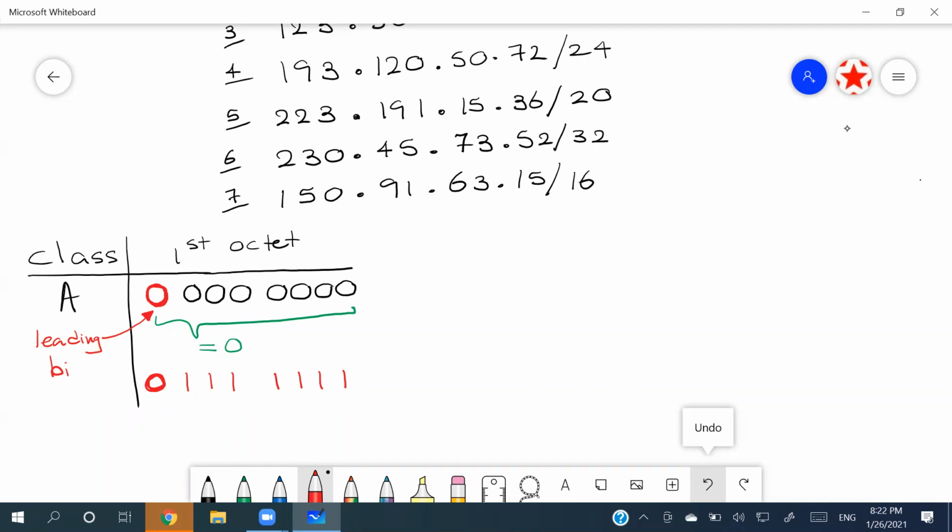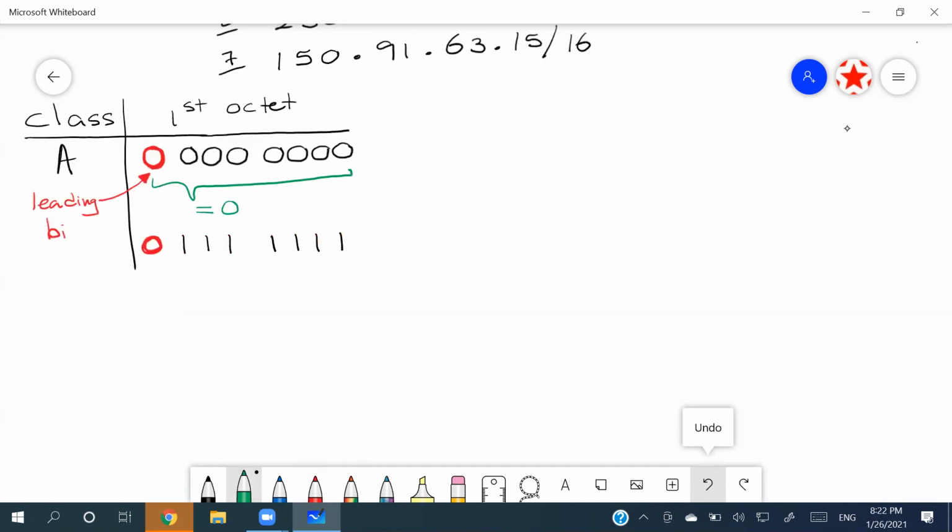So that indicates 127. This indicates 127. Now that is how class A has the range from 0 to 127.